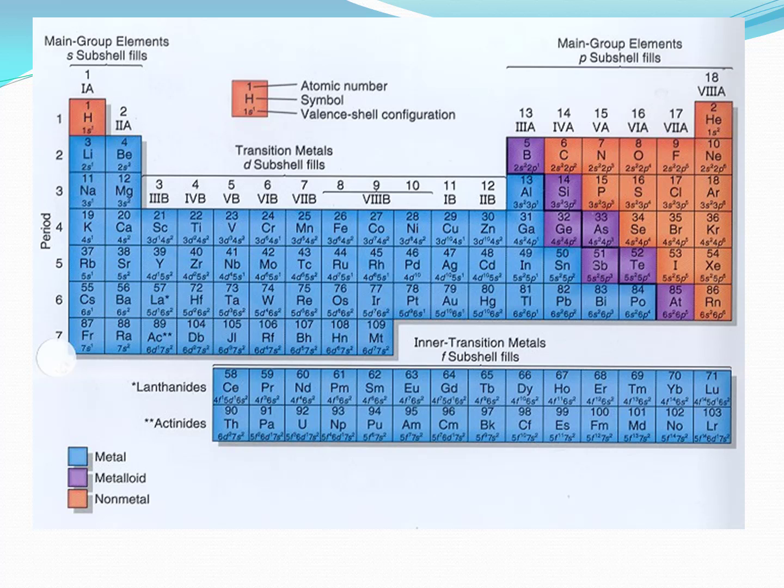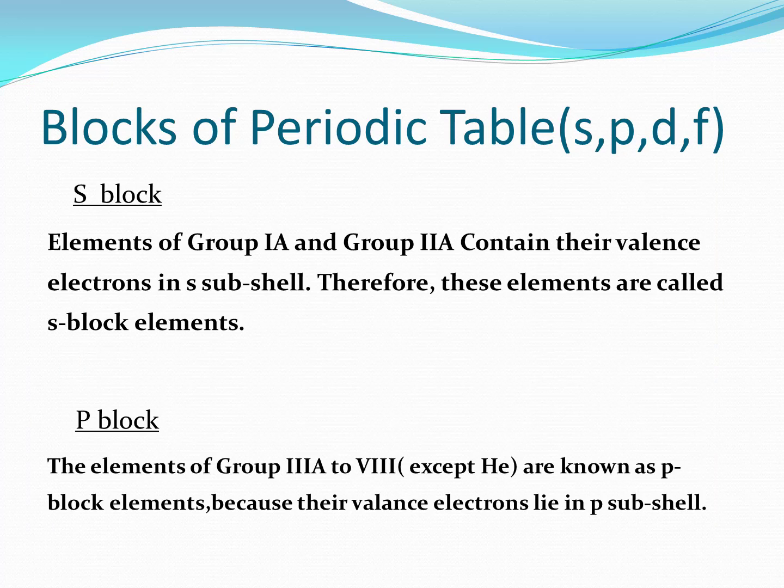Now we are going to discuss blocks of the periodic table. We have already discussed that there are 4 blocks in the periodic table, which are S, P, D and F block. First of all, we will discuss S block.